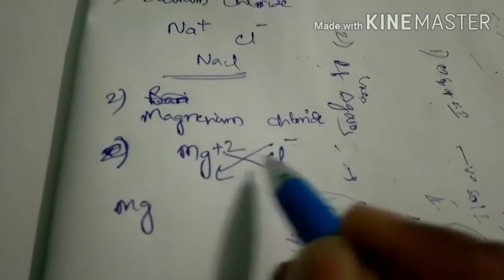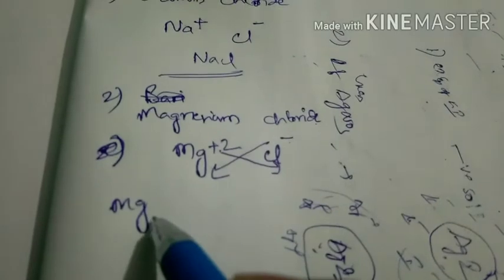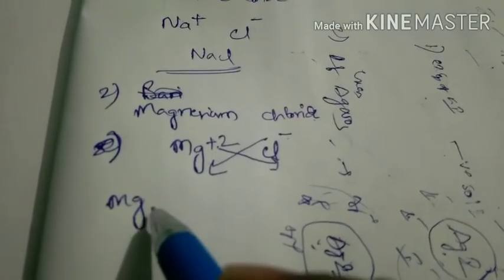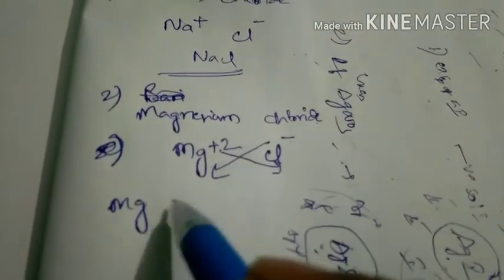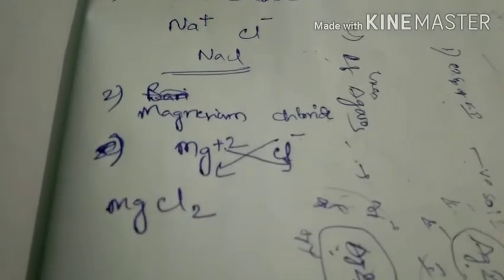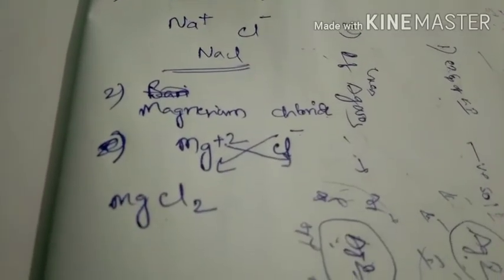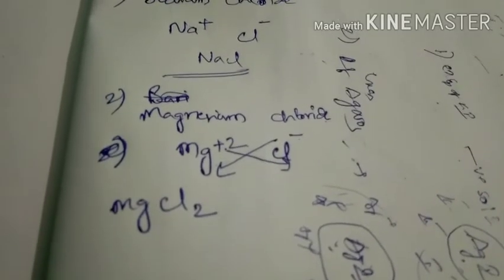To magnesium, 1 comes. If 1 comes, no need to mention 1. So Mg. For Cl, 2 comes. That means MgCl2. That's all. MgCl2 is the formula of magnesium chloride.